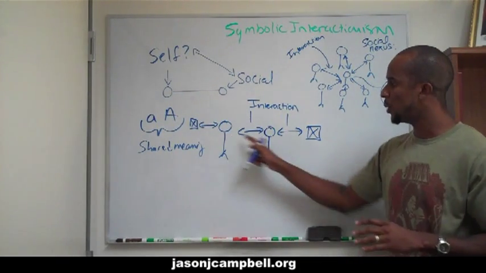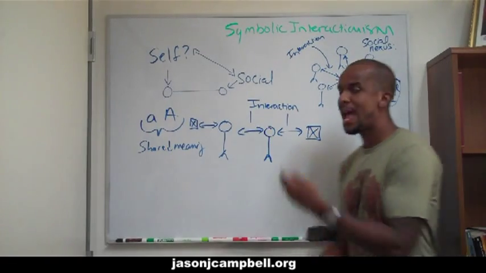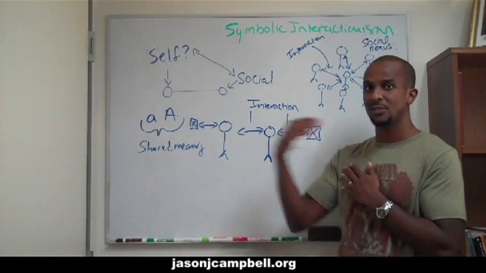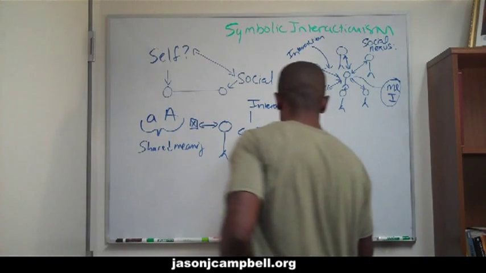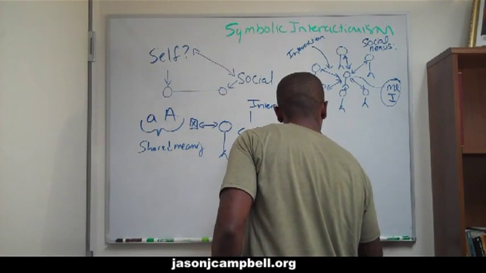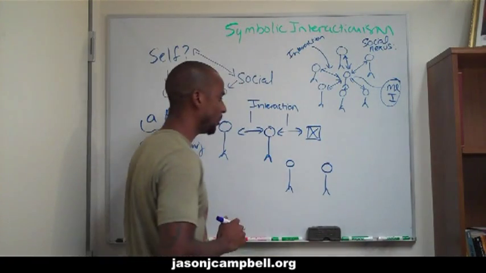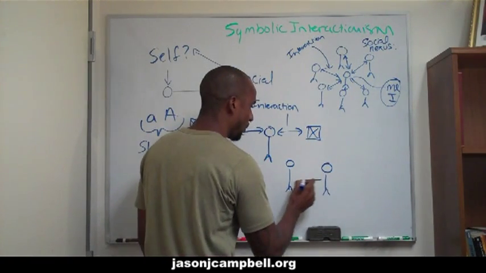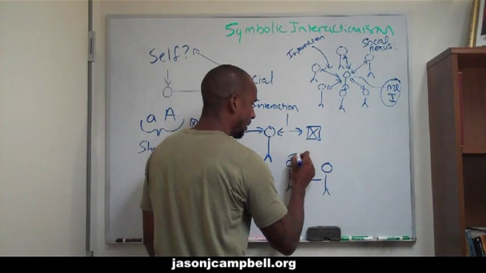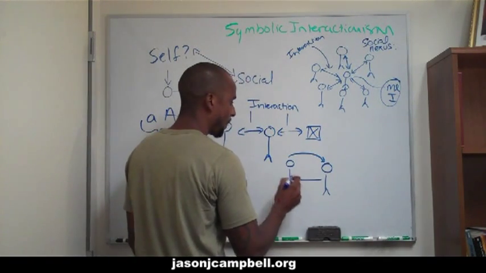Similarly, when I'm interacting with individuals, with human beings, I have a sense of myself. I gain a sense of myself through a process that I'm going to describe in a little bit, right? So the interaction with others is something like this.